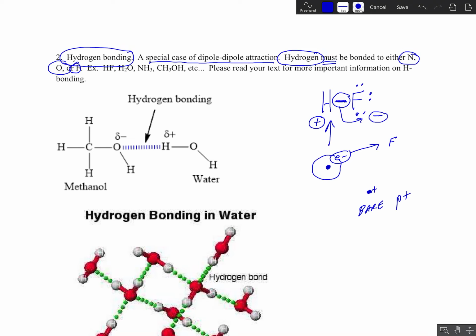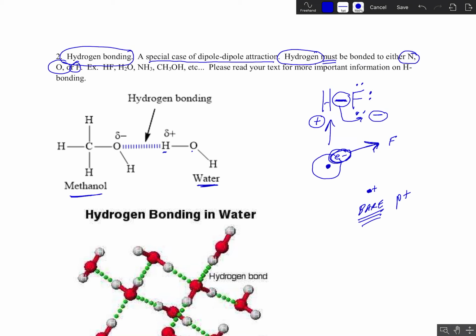It's a strong positive charge, it's a proton, and there's no electron covering it any longer because that electron that was covering it is spending all of its time around the fluorine atom. So we have a bare proton, which means another electronegative element from another molecule could get really, really close to it. So take for example water and methanol.